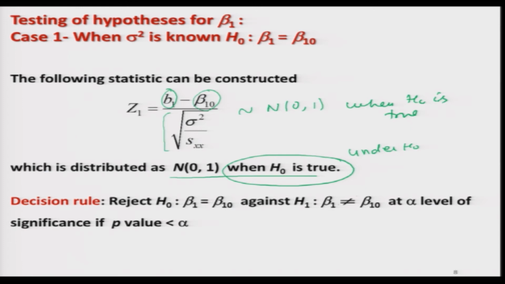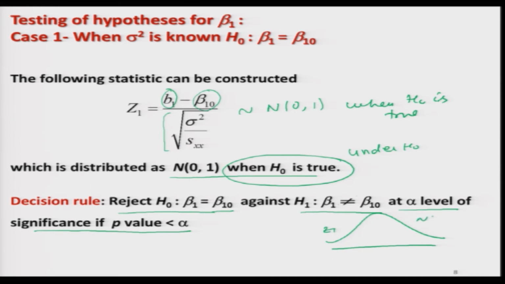So, now the decision rule to accept or reject H naught, where H naught here is beta 1 is equal to beta 1 naught against H 1, beta 1 is not equal to beta 1 naught, will be: reject H naught at alpha level of significance if the p value is less than alpha. When you conduct the test of hypothesis, you have the sampling distribution of this statistic Z 1, which is normal 0, 1.